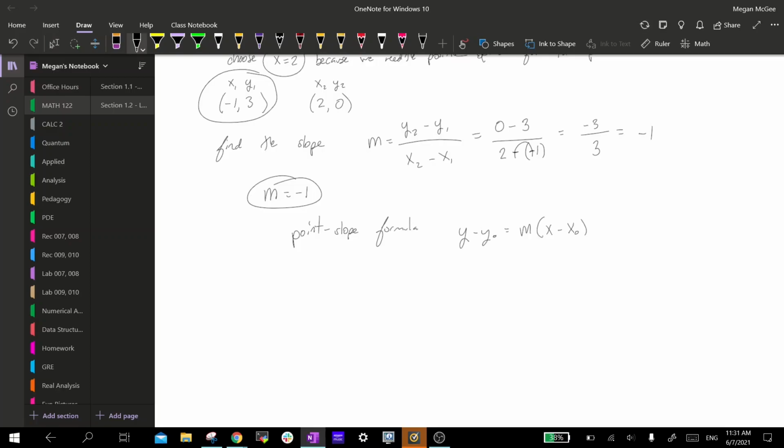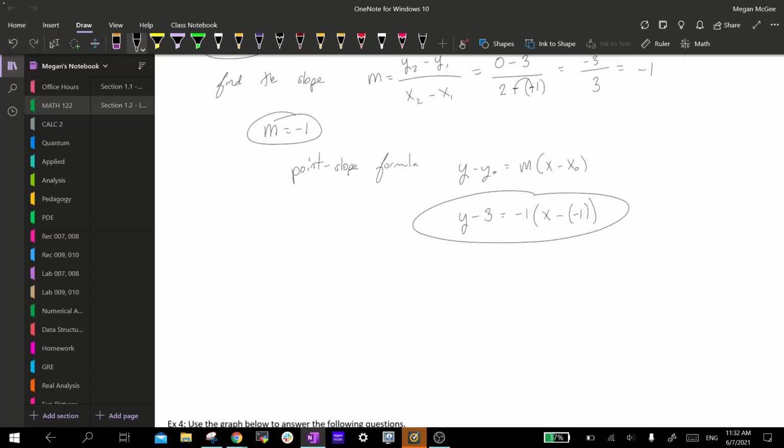So we're going to use y minus our y value in the first point here. So that is 3. So y minus 3 is equal to our slope, which we just calculated to be negative 1. So negative 1 times x minus our x, which was in our point that we chose, which is negative 1. So again, I'm using extra parentheses there.